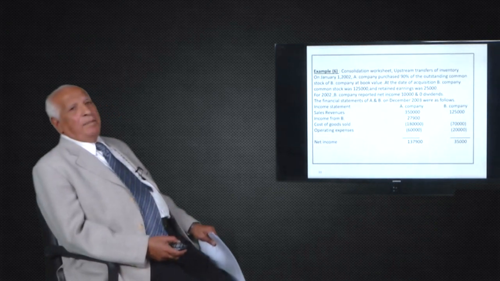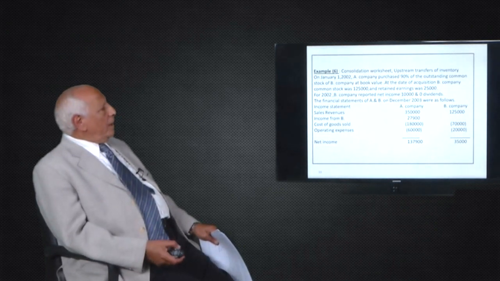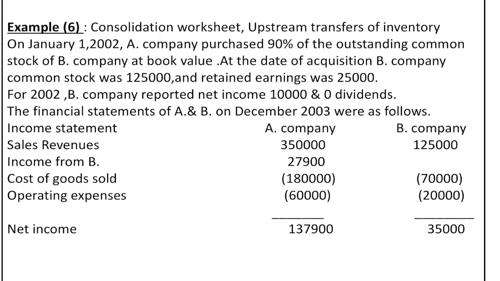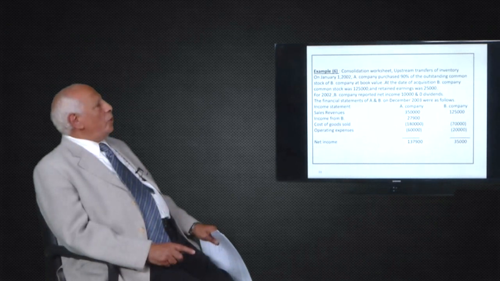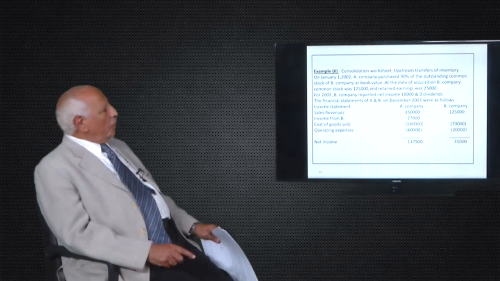Next, example 6, similar. Example 6, consolidation worksheet. This one is upstream again. Remember, that's upstream inventory. January 1st, 2002, A company purchased 90% of the outstanding common stock of B at book value.